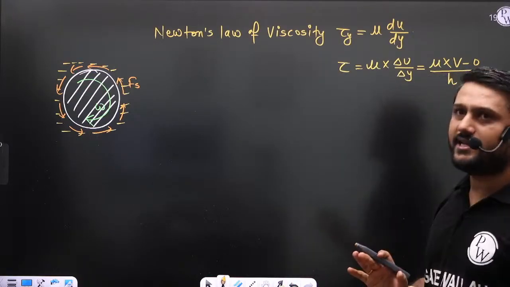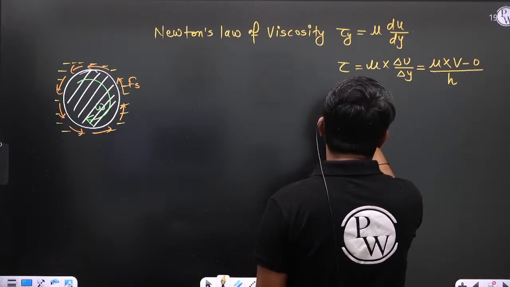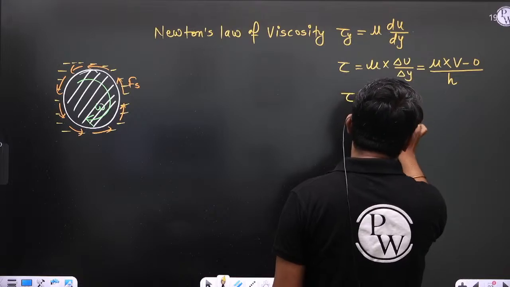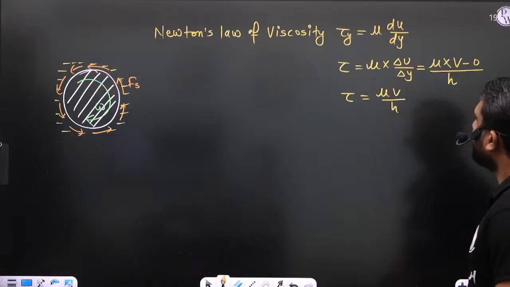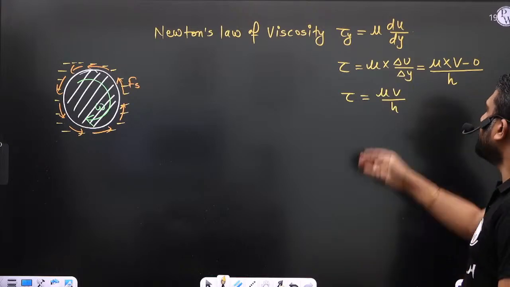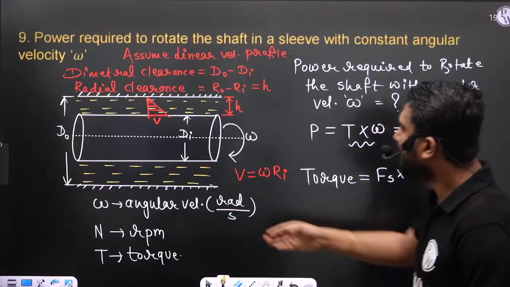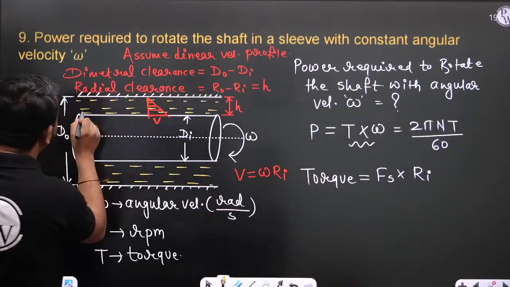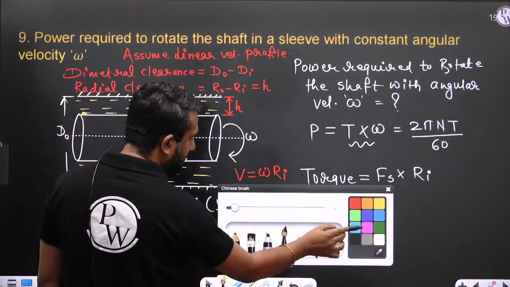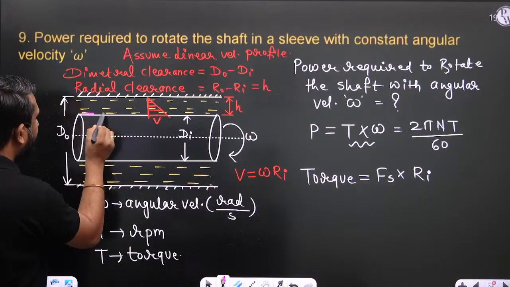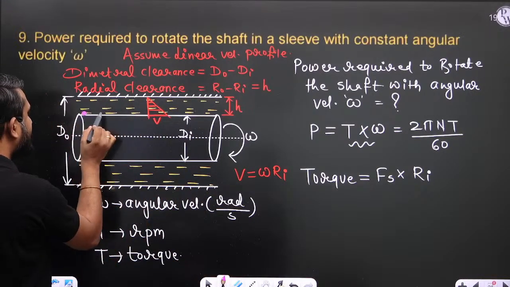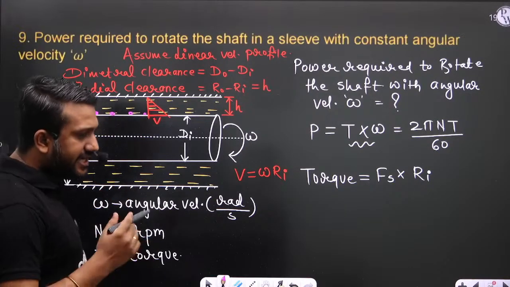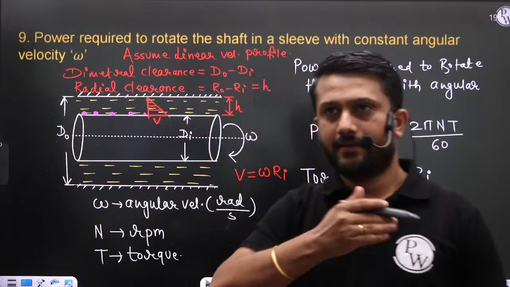So it is very clear that this shear stress, mu v by h, is not a function of the length of the shaft. Here, here, everywhere the shear stress is the same.